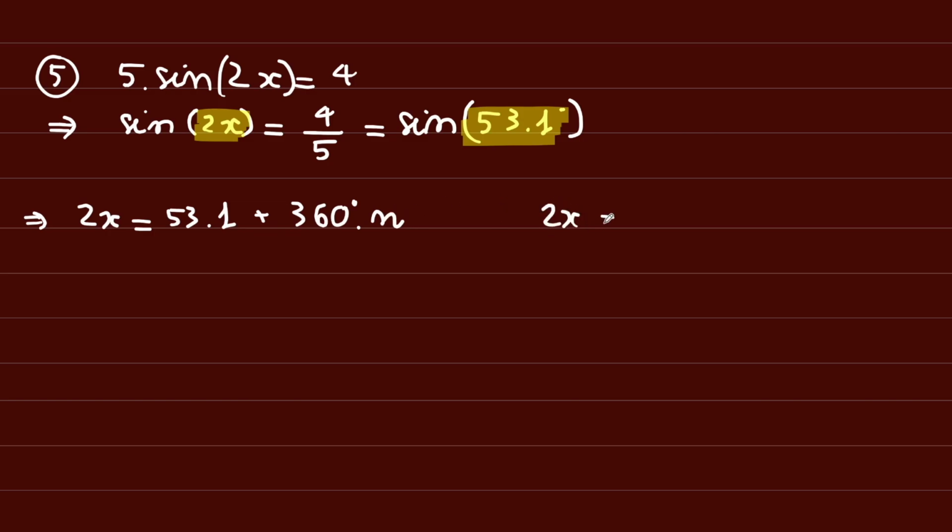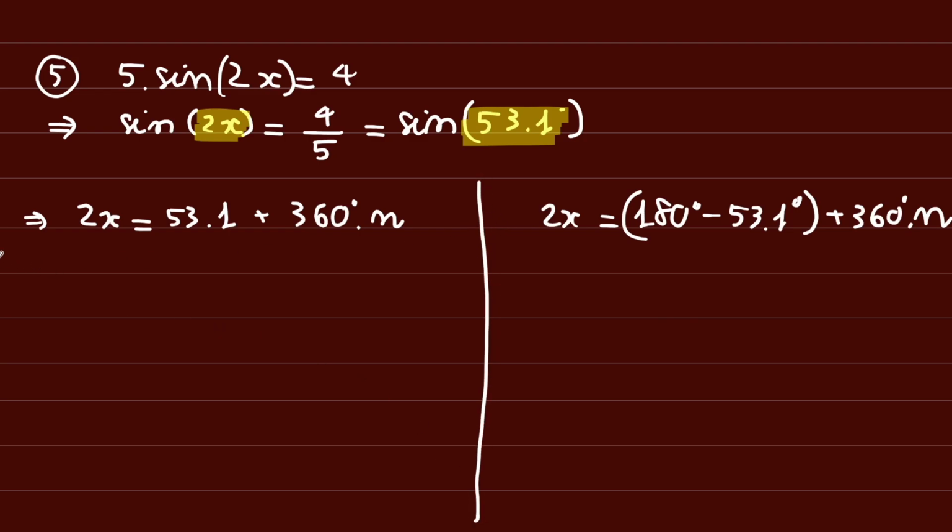And the second one is 2x, the supplementary relationship, 180 minus 53.1 degrees inside the bracket like this, plus 360 degrees multiplied by n. Okay, and for both cases, divide by 2. Of course, in the previous exercise, we divided by 3 because the left hand side was 3x. But for this question, you got 2x on the left hand side of the equation. So divide by 2, we got 53.1 divided by 2 and 360 degrees multiplied by n divided by 2.